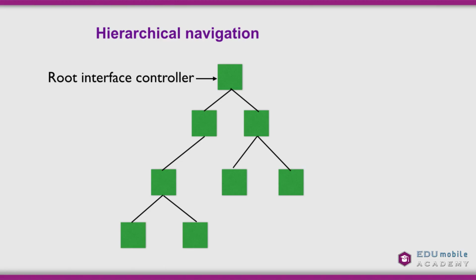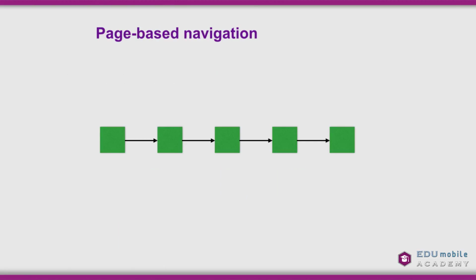Each of the non-root interface controllers has a back button at the top that we can use to get back to the last view controller. We can also do things like pop back to the root view controller and so forth. Whereas page-based navigation looks like this. Again, we have a first view controller, but then the user can swipe from one page to another, forward and backward, but they are in a particular order.